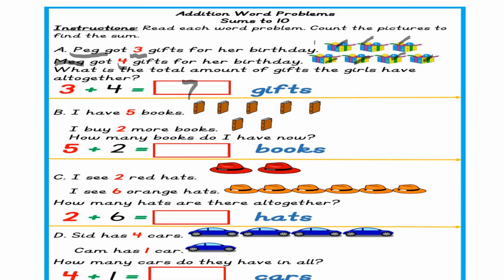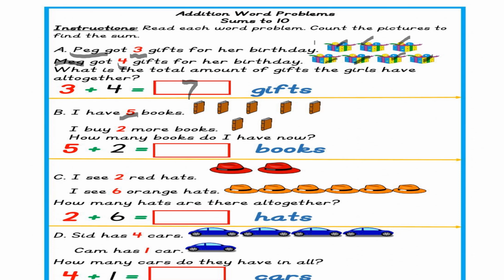I have 5 books. How many books do I have? 5 books. I buy 2 more books. मैंने 2 books और खरीद ली. What does that mean? Please understand this concept that मेरे पास already 5 books है, right? मैंने market से 2 books और खरीदी हैं.